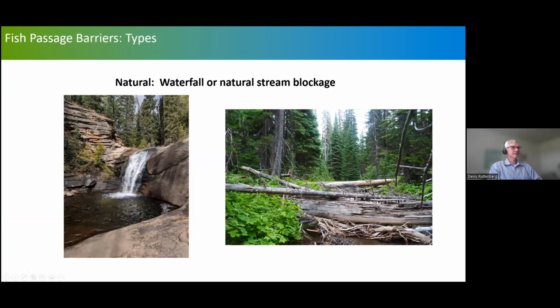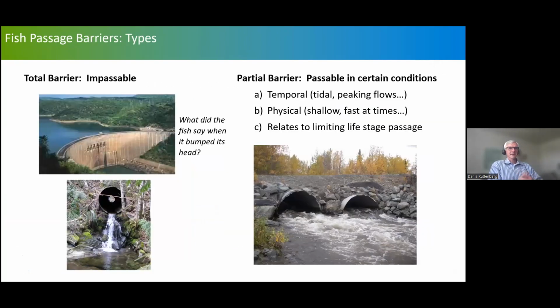Okay, so real quick, fish barrier, a natural barrier. That actually looks like a barrier in Carmel, but I could be wrong. It could be a large wood jam. Other types of barriers are human-made. It could be a large dam. It could be a culvert that's perched, say you had some down cutting and the culvert is now perched.